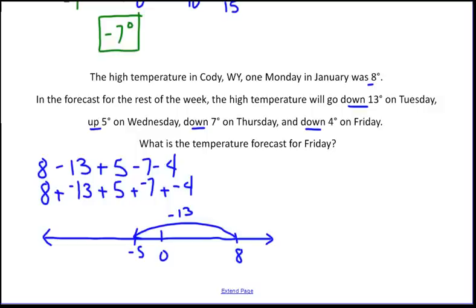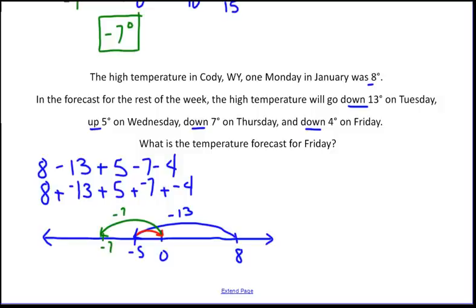Now I want to add 5 to that, so starting with negative 5 and going to the right because I'm adding, I end up at 0. Now I want to subtract 7 or add a negative 7, so from 0 when I go back 7, clearly I end up at negative 7.